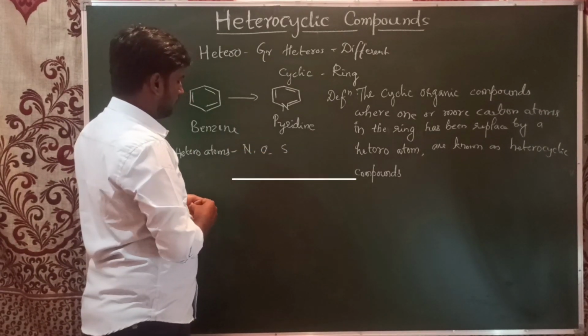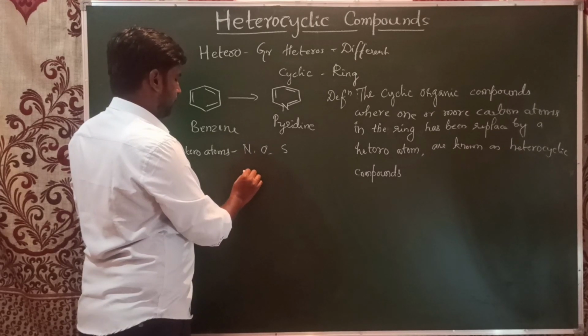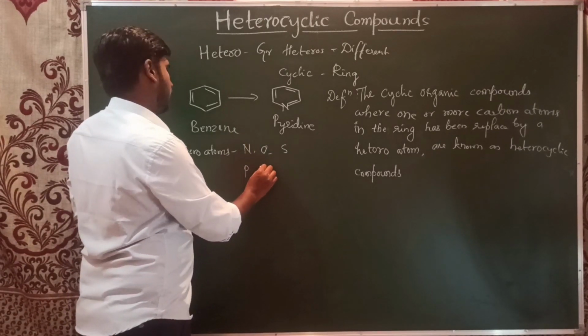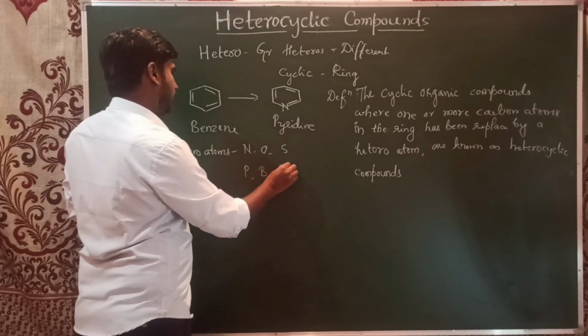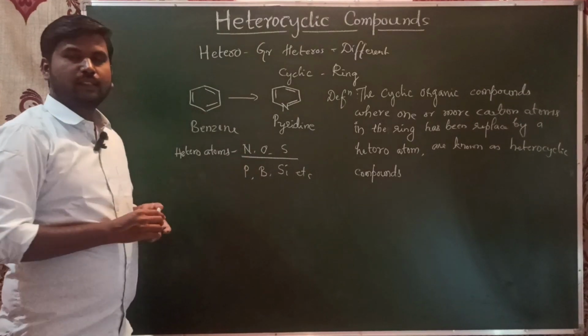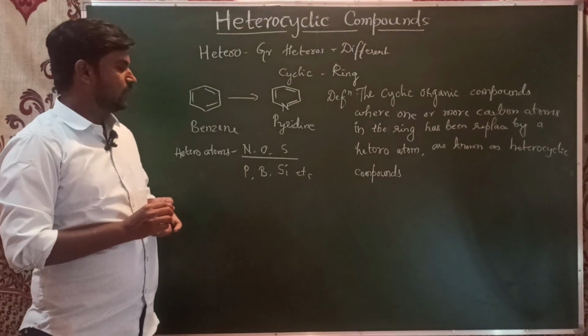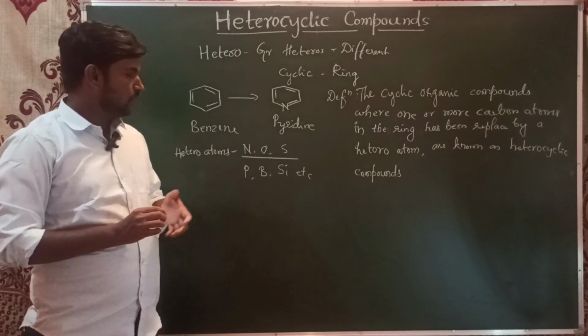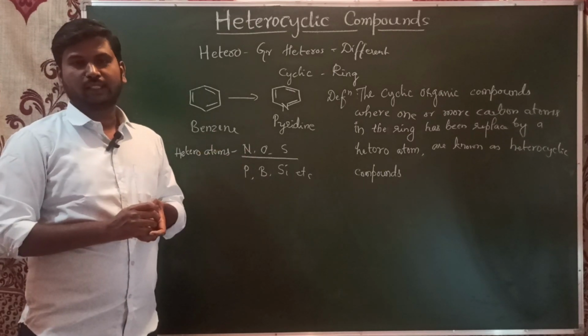In a few compounds we can also see phosphorus, boron, silicon, etc. These three are very important. We are going to discuss the heterocyclic compounds containing nitrogen, oxygen, sulfur in this chapter.